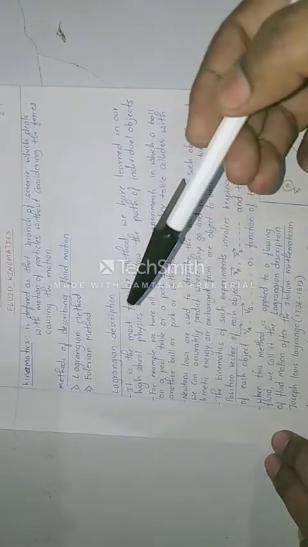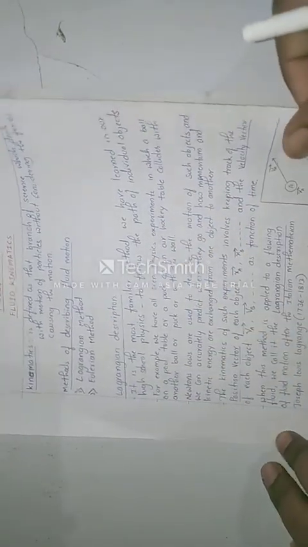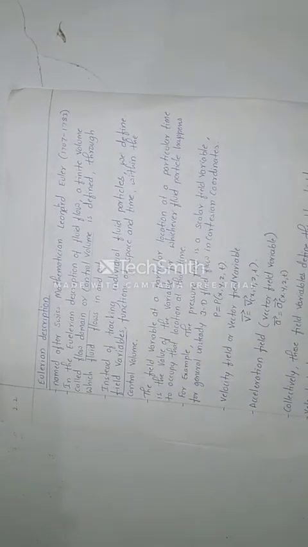So the second one is the Eulerian method or Eulerian approach. Here we are not going to study individual particles. Instead of that, in space we define a finite volume, we call it a flow domain or control volume.